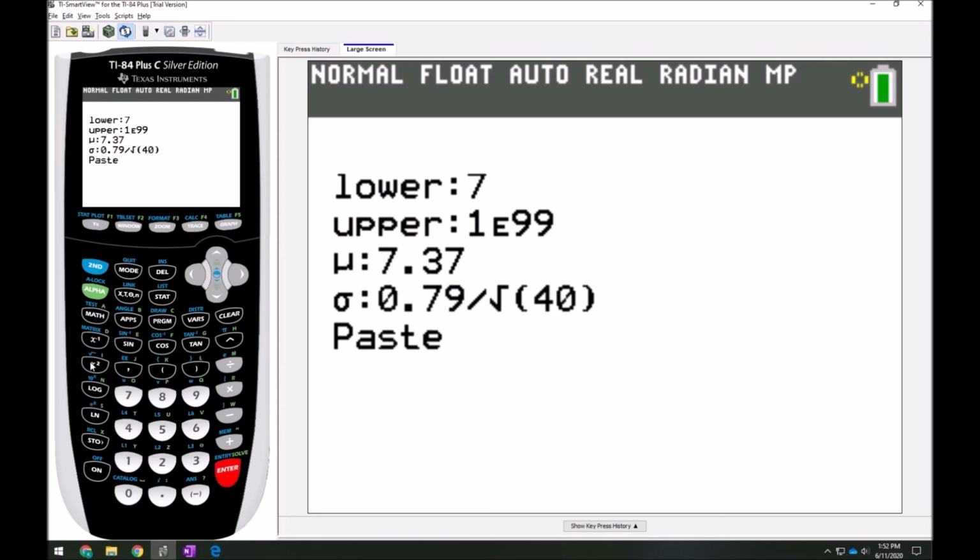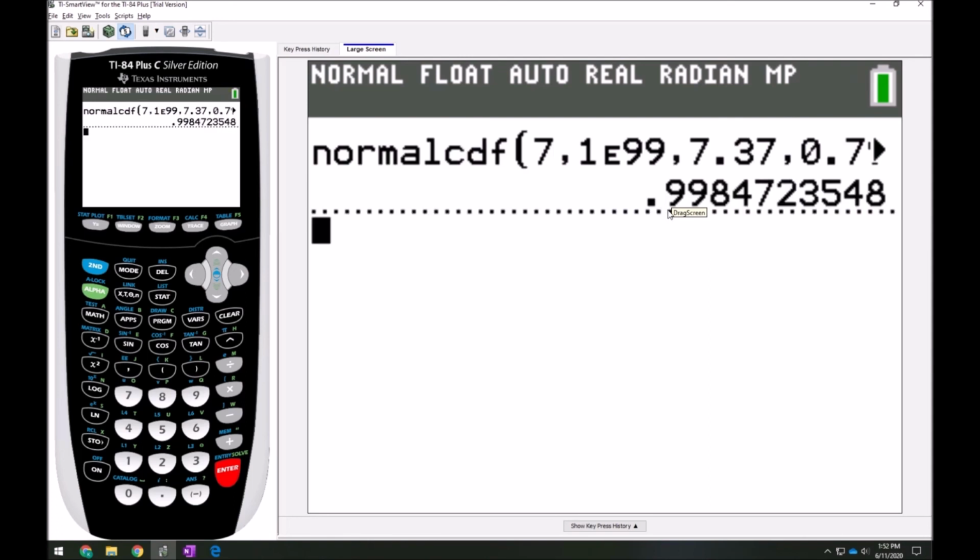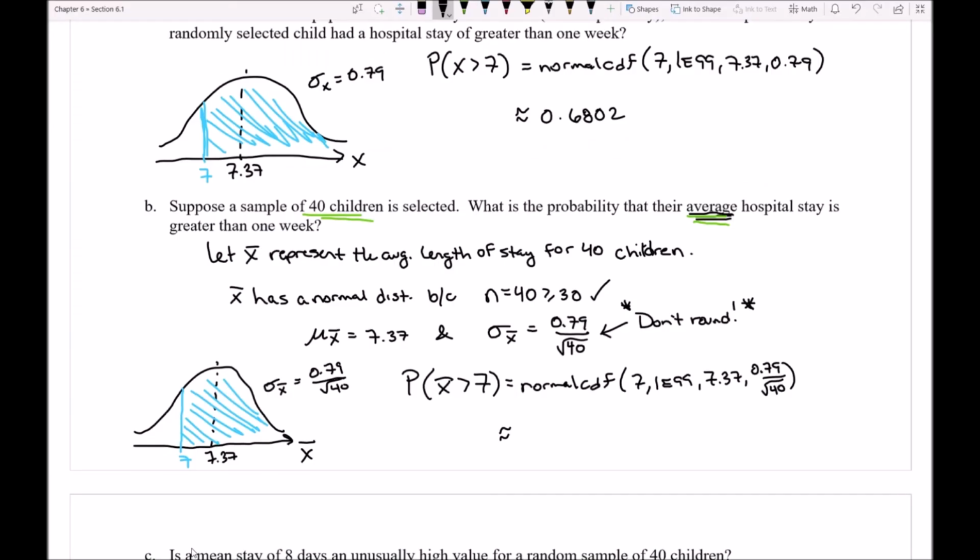So I can go ahead and type all of this in. This is what I end up with. And now when I hit enter, I get a value of 0.9985. So if I go back to my notes, I can say that my value here of 0.9985 is the likelihood that my average will be greater than 7.